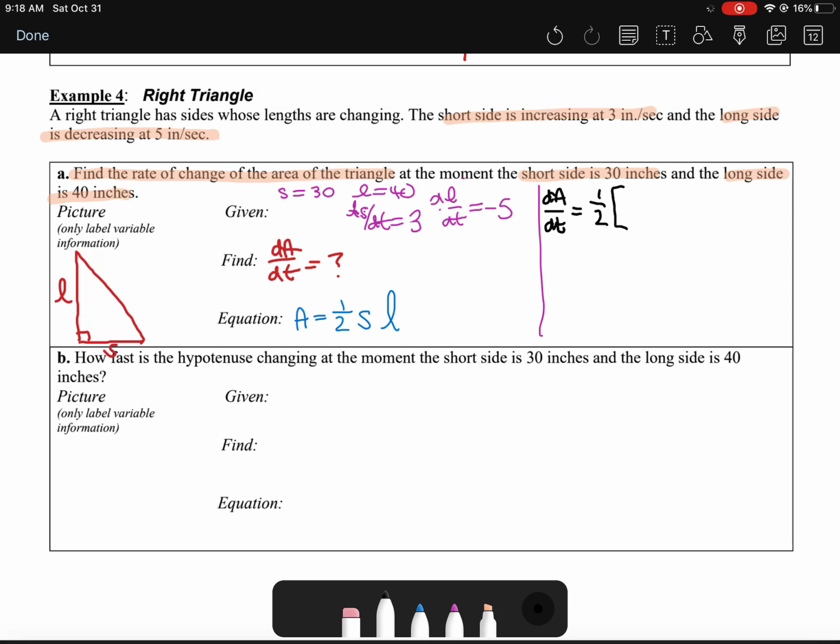Okay, so then I have the derivative of the first times the second plus the first times the derivative of the second. Okay, so now again, all I have to do is plug in my stuff.